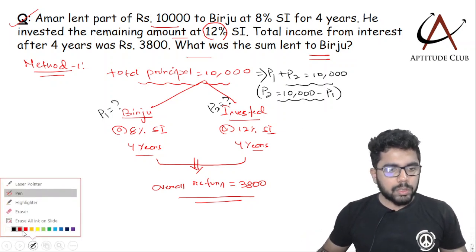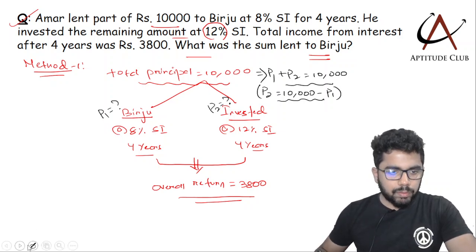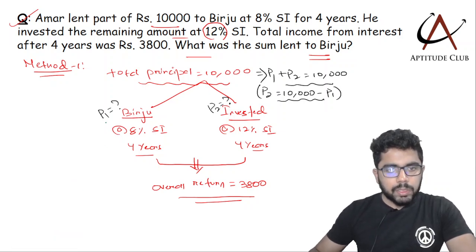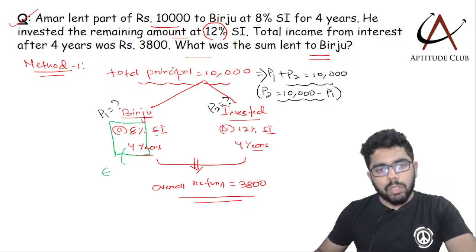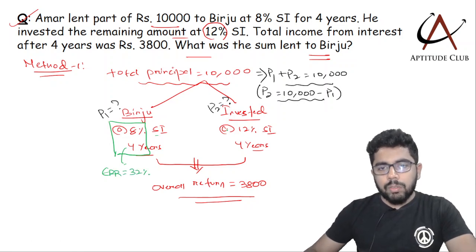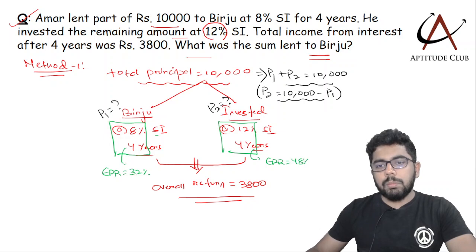Now how do I solve this? 8% in 4 years, at simple interest, is an overall ERR of 32%, and 12% for 4 years at simple interest is again an overall ERR of 48%.